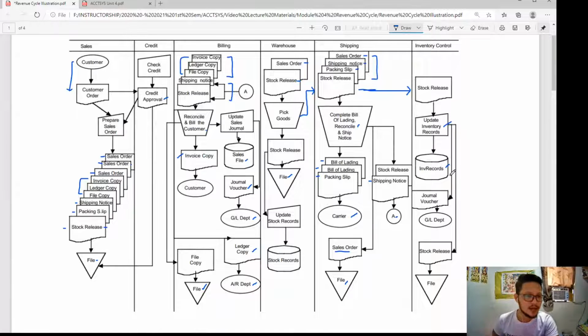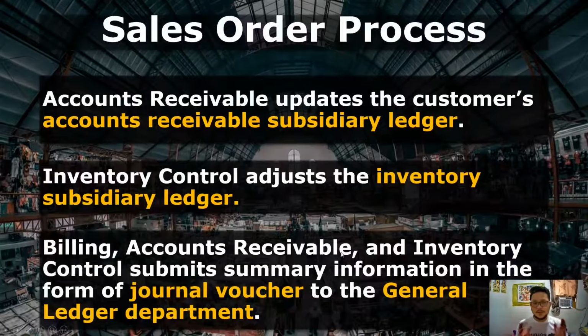And then sometime later, gagawa siya ng summary in order to relay it to the general ledger department para ma-update din ang control accounts. Also, stock release documents are filed by the inventory control so that they would know the deductions on inventory. So that's it for the physical phase of our revenue cycle.